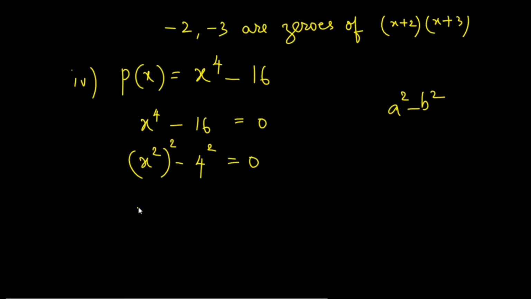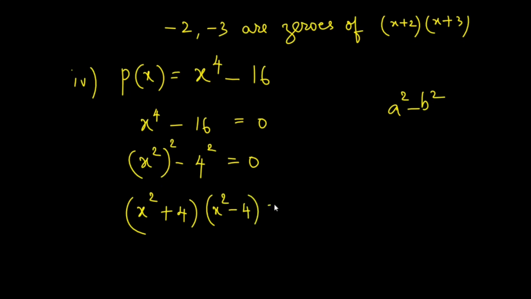So we get x square plus 4 into x square minus 4 is equal to 0. As a square minus b square is identically equal to a plus b into a minus b, we are getting here x square plus 4 into x square minus 4.